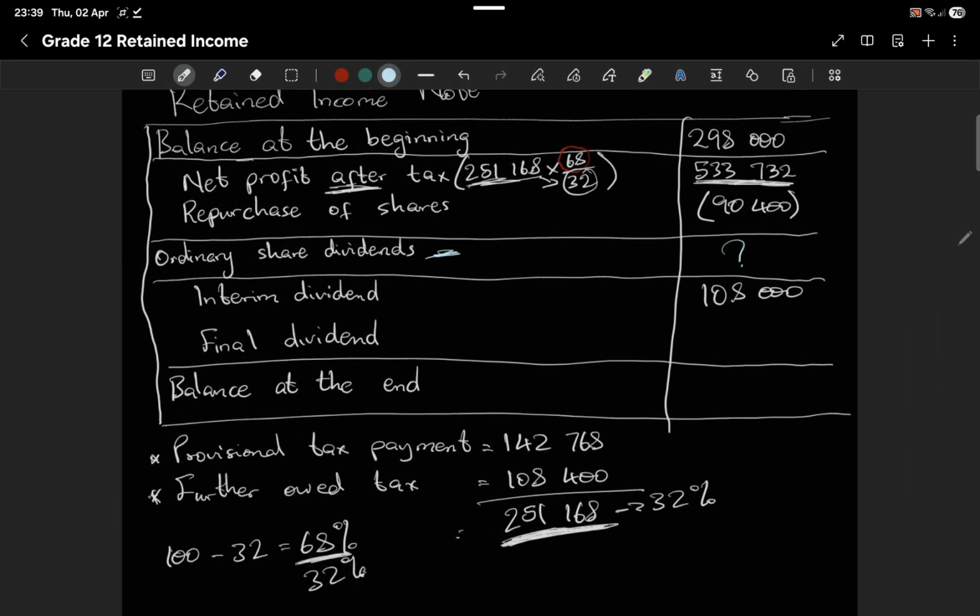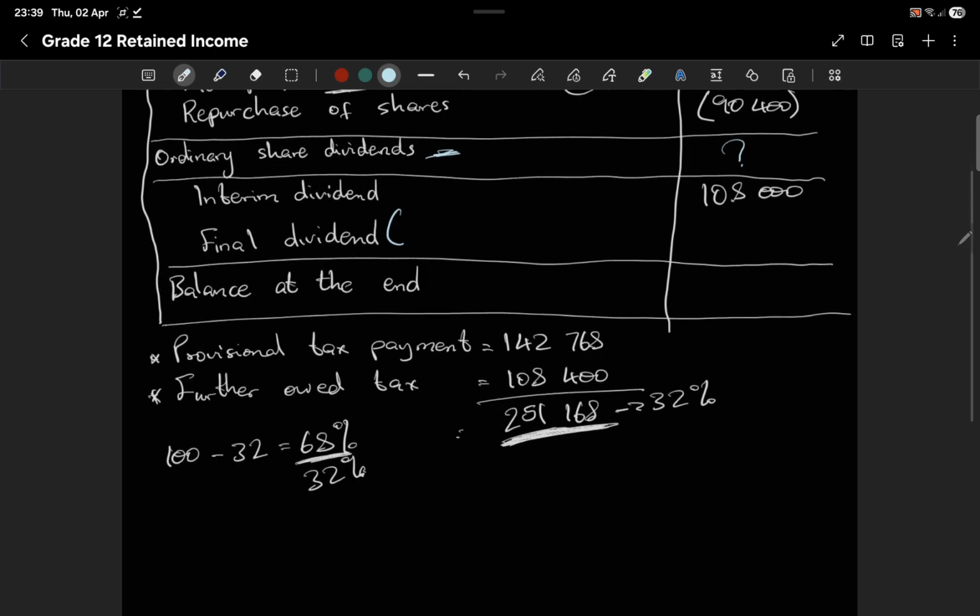Okay, so here you are also going to open a bracket. You will say 1,600,000. You write the shares that were issued at the end of the year, which is 1,600,000 that we got after calculating using the 80%.